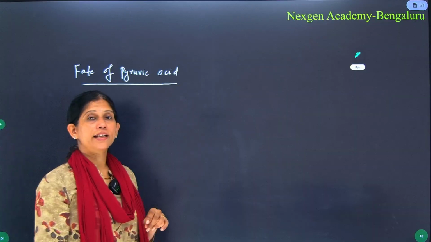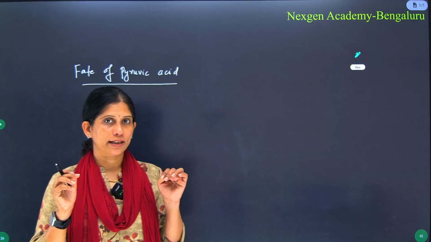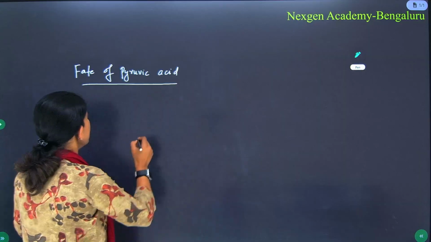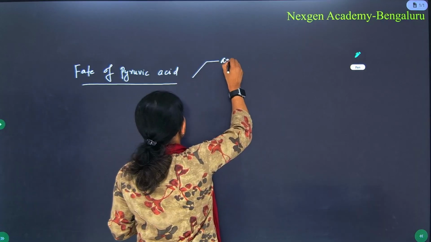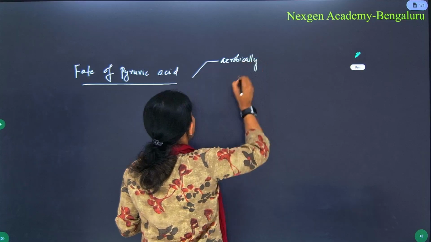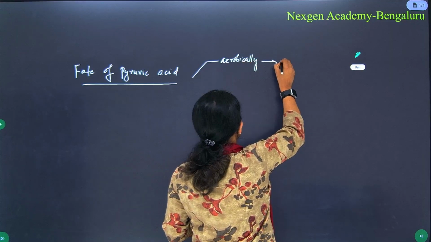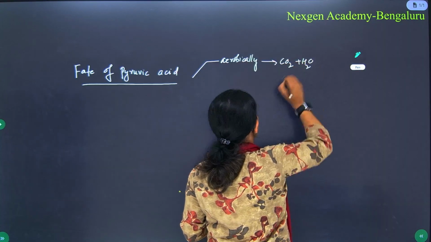As I was telling you, the fate of pyruvic acid is decided by the type of organism. For example, if the organism is aerobic, the pyruvic acid will be completely converted into carbon dioxide and water, right?